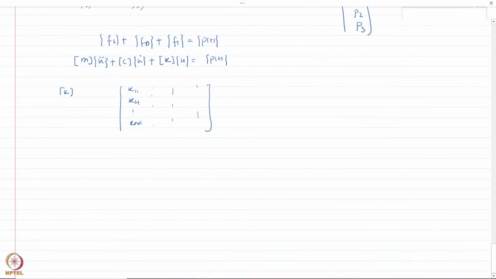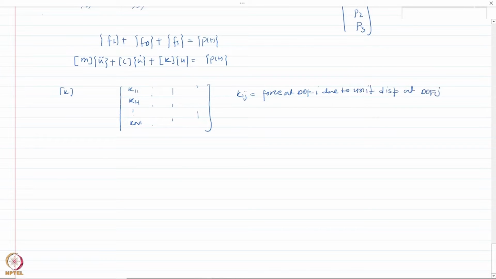So we said that Kij is nothing but the force at degree of freedom i due to unit displacement at degree of freedom j.